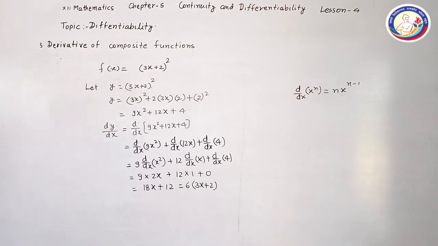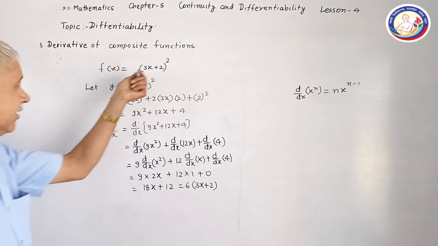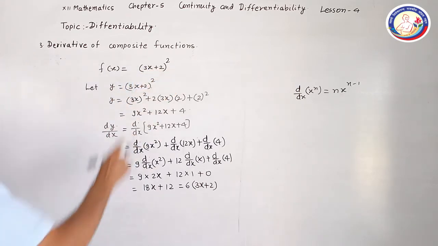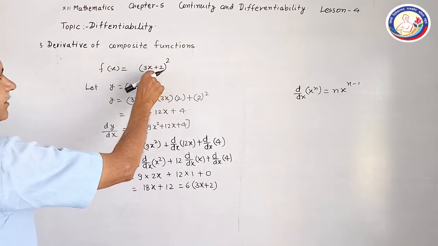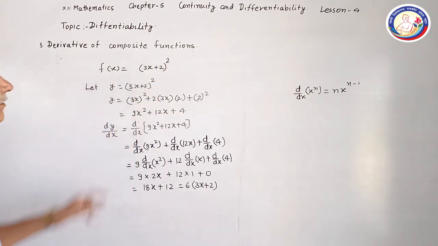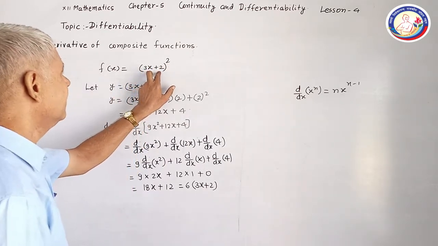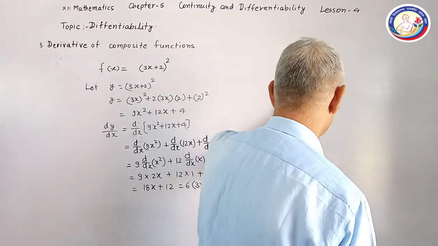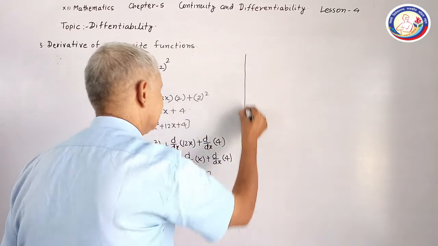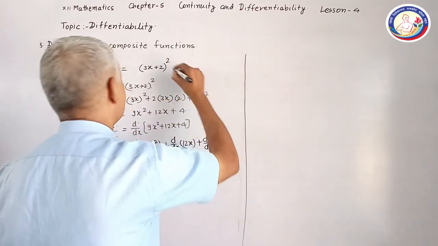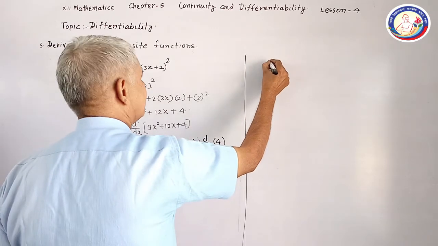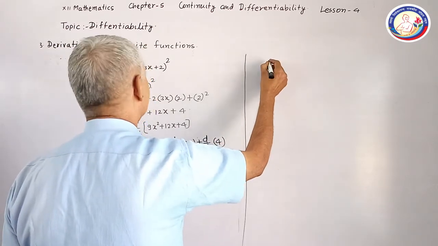If we use the function of a function here, we can write it as t square, or the square of 3x plus 2, taking 3x plus 2 as a function. Let me take this as a function. First of all, we are taking composites.